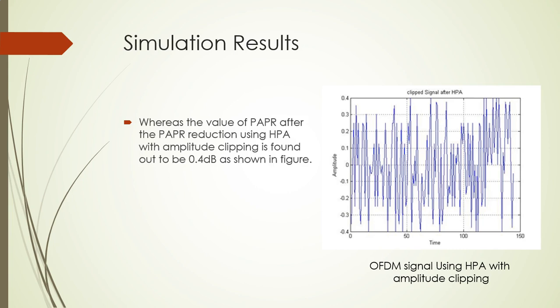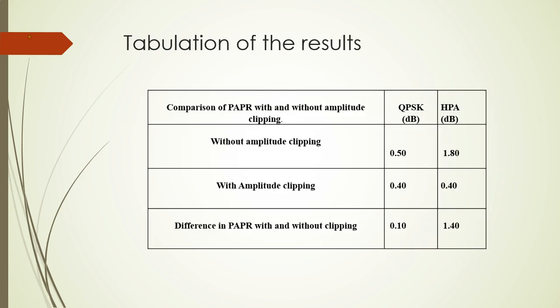With this we can see that the value of PAPR is reduced more when we use the high power amplifier, as there is a difference of 1.4 dB compared to 0.1 dB when we don't use the high power amplifier.